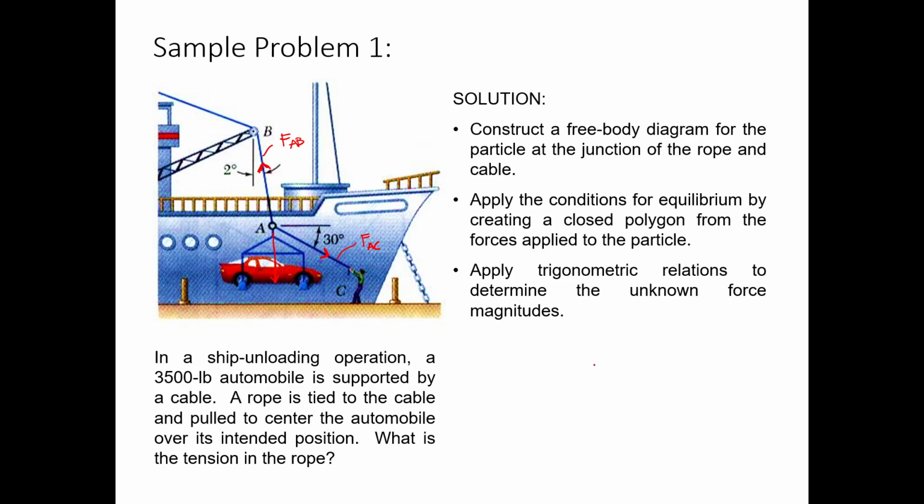So if we're going to isolate your A, this one is your FAB, then this one is your FAC, and then downwards is the weight of the car, which is 3,500 pounds.